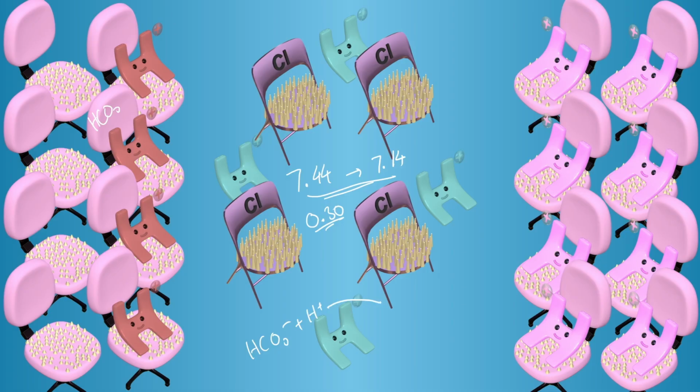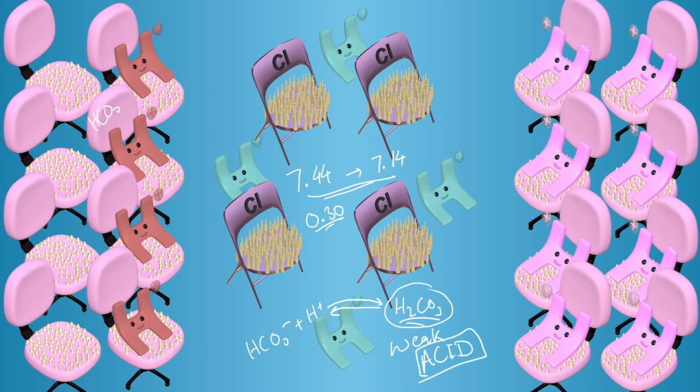This is the reaction going on, and it formed H2CO3. Now the thing is, what is this H2CO3? It is not a neutral substance. It is an acid after all. Although it is a weak acid, it is still an acid.